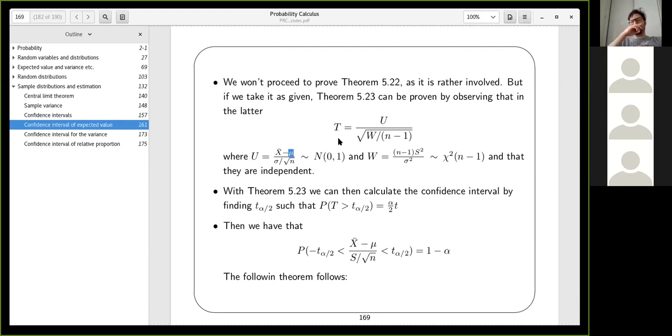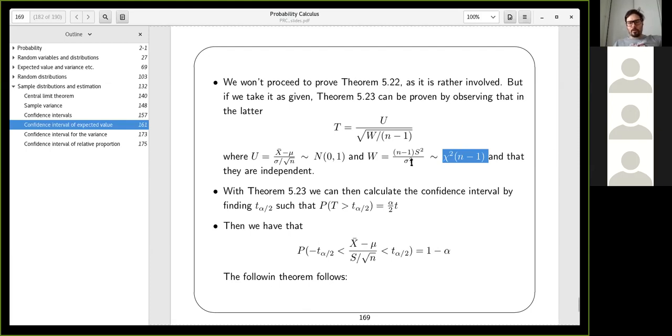But remember that this is used in the estimator, so the expected value can appear here as an unknown. If we mark W as n minus 1 times S squared over sigma squared, we remember that there was a theorem which we gave without proper proof, but if we believe that theorem, then this has a chi-squared n minus 1 distribution.